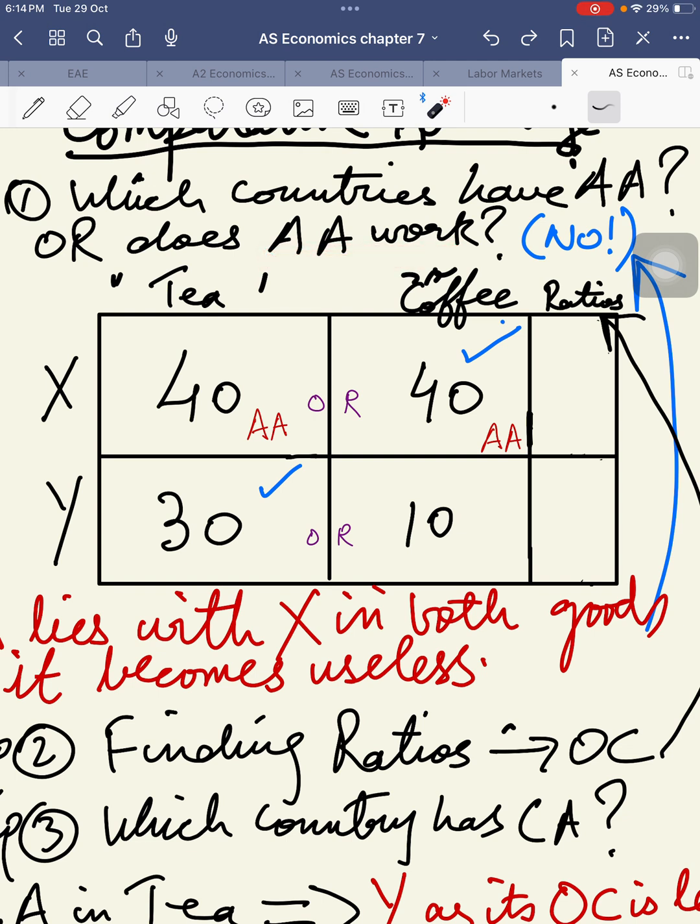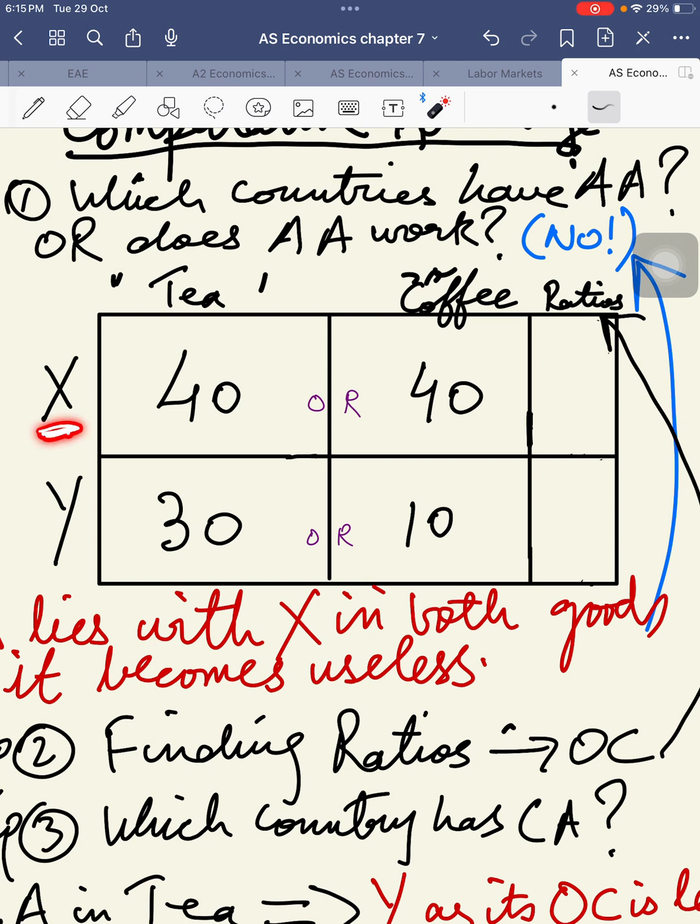When will it not work? When will the theory of absolute advantage not work? When one country has an absolute advantage in the production of both goods. Let's see what is happening. So the values given here are basically interpreted as follows.